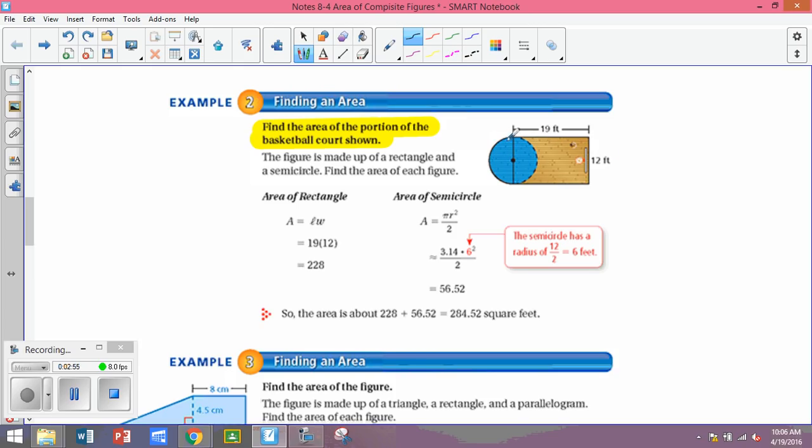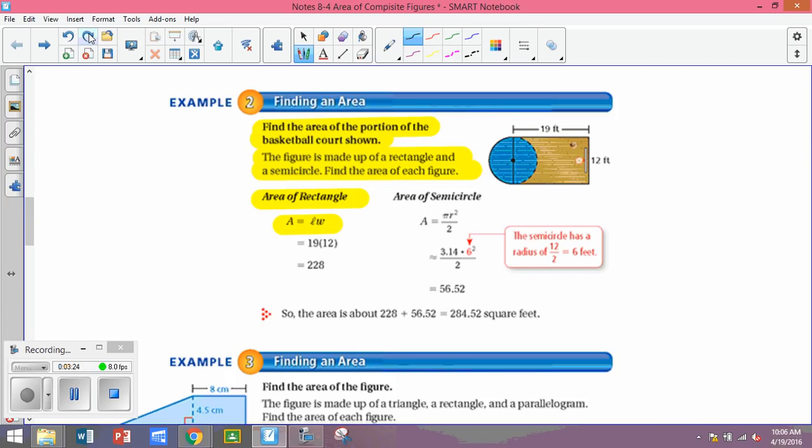This is your free throw lane, and then your jumping circle, the top of the key. So you're going to find the area of the rectangle and then the area of a semicircle, because this part of the circle is included in your rectangle. So you're not going to include that in your area, or you'd be doubling it up. You really only need the area of this portion of that circle, which is a semicircle.